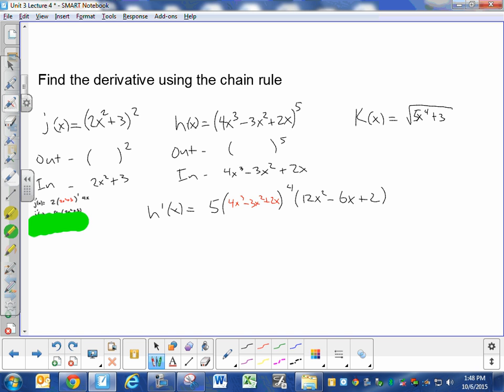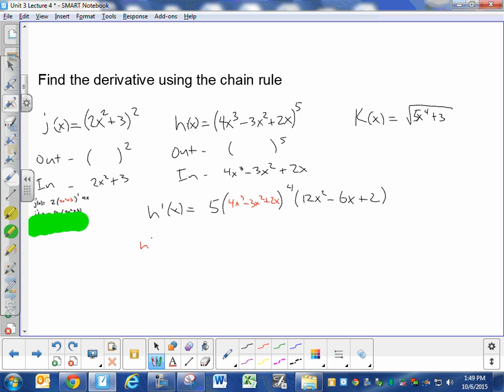Can we simplify this one? Well, I'm not going to expect you to have to take this and take it to the 4th power, no. But maybe you'd be expected to take this 5 and know that you could distribute to the 12x squared, the 6x and the 2, but know that you can't distribute that 5 to the stuff being taken to the 4th power, because that exponent would take precedence over the multiplication of the 5.